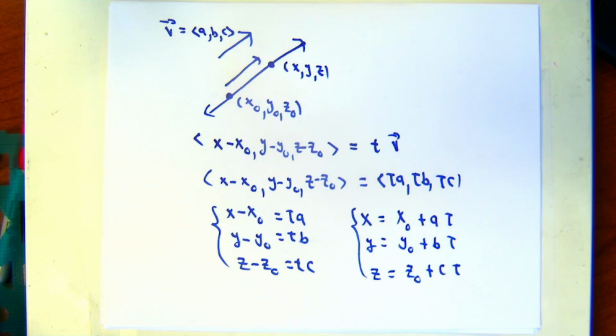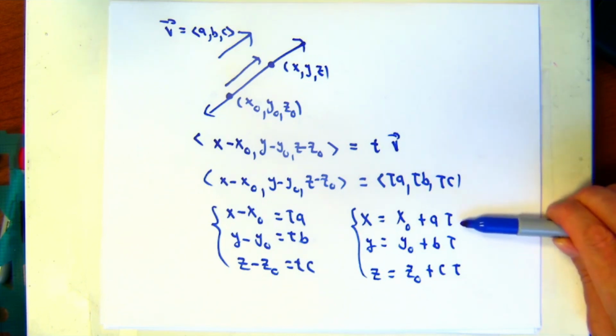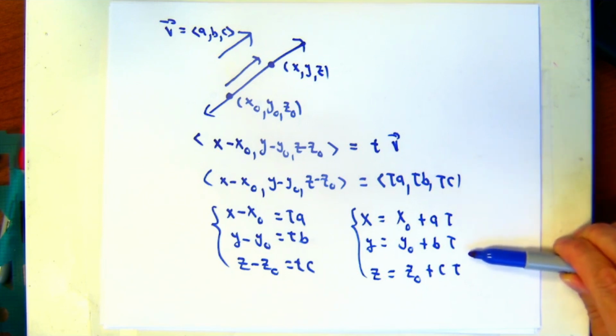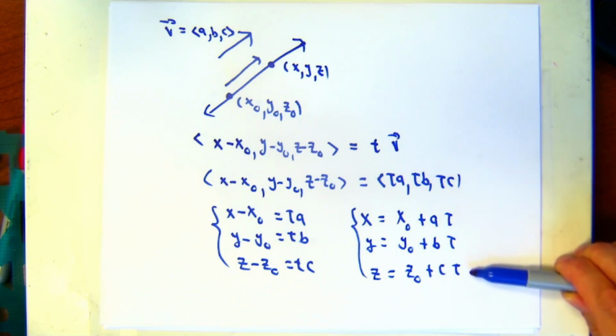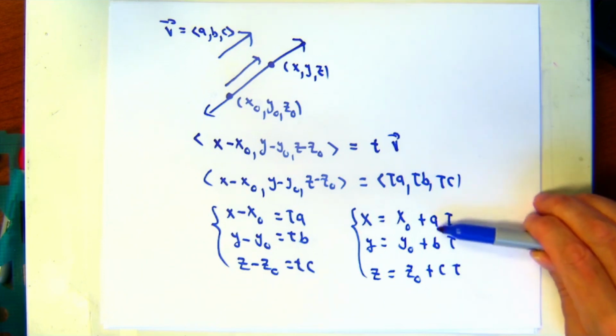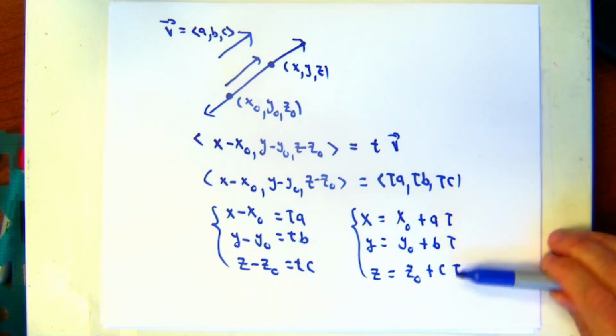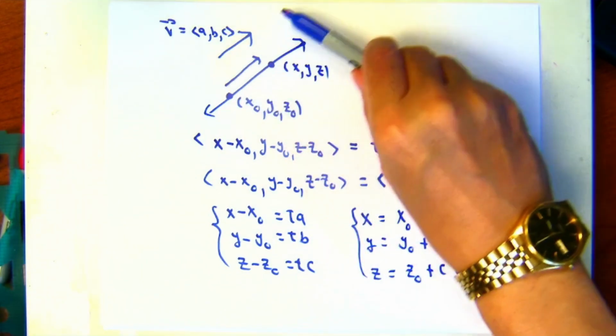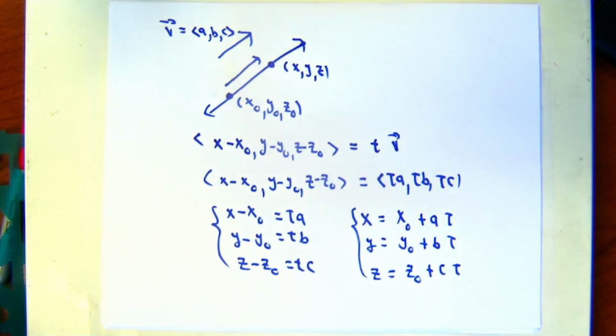These numbers, a, b, and c, very roughly speaking, represent sort of, kind of slopes. The derivative of x with respect to t would be a, the derivative of y with respect to t would be b, and with respect to t, the derivative of z would be c. These three numbers, a, b, and c, indicate the direction that the line is going in.